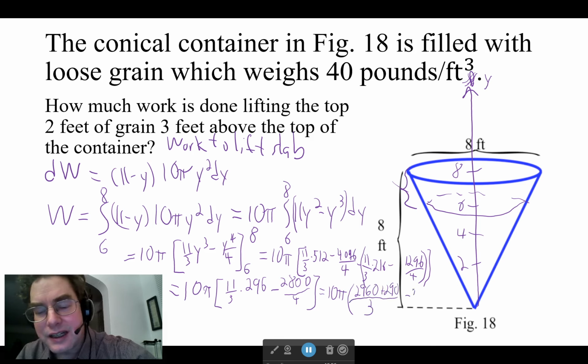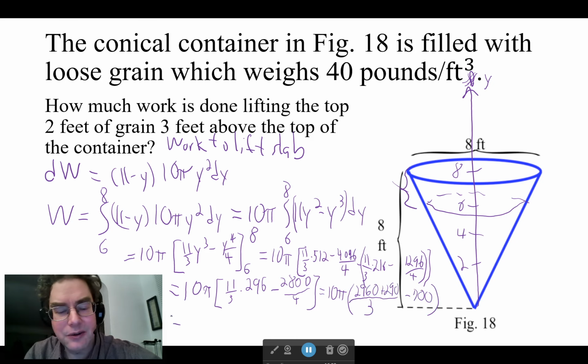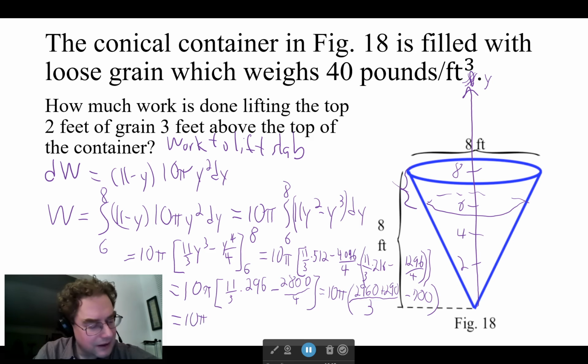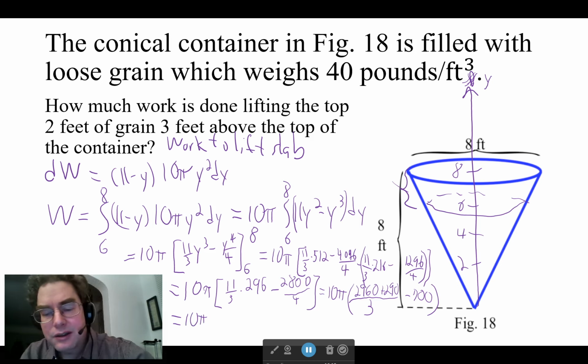And this second one, we do get some nice cancellation. That's just minus 700. Although I think I'm going to have to get a common denominator for it anyway. 10 pi. Let's see. So we got 32, 3350, I think. Let me see. Oh, you know, I forgot, that should be a 6, 296.